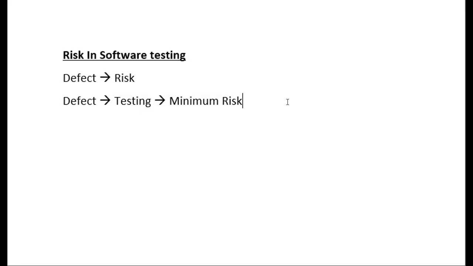In terms of risk, there are two kinds of risk defined majorly. There is project risk, for example if there is a delay in delivery of some product to the testing team, and it will lead to a delay in our product delivery. So it's related to project risk.